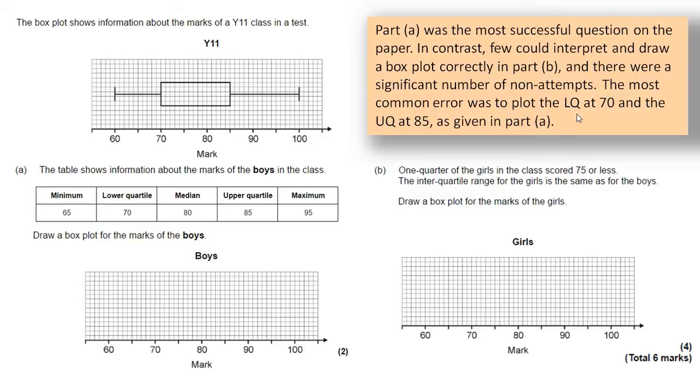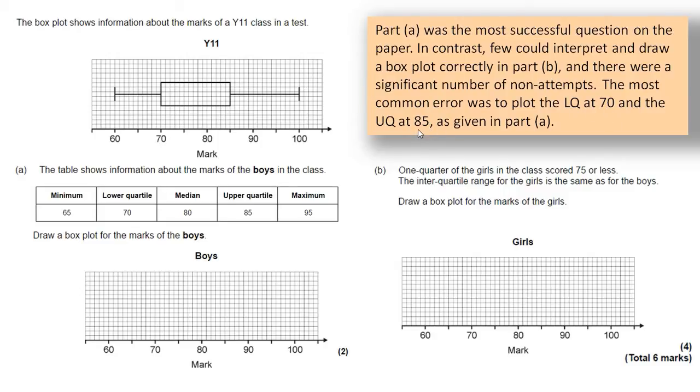The most common error was to plot the LQ, that's the lower quartile, at 70, and the upper quartile was often plotted at 85. So this number was wrong, and that meant that the upper quartile was also wrong as well. So there was a problem.